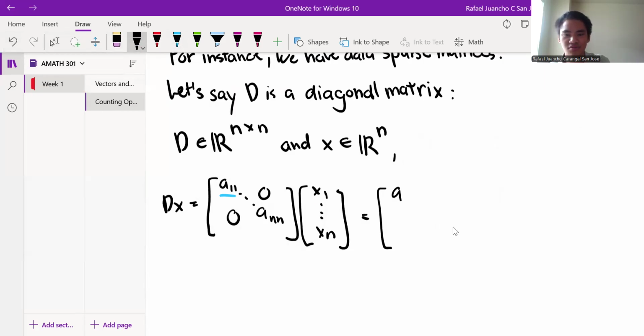So we store a11 x1. Now we continue with a22 x2, and we keep going until we have ann xn.